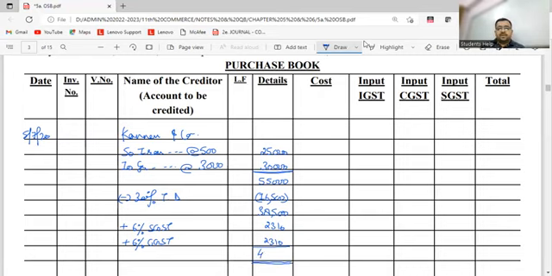The total is 43,120. In the cost column, you'll be putting 38,500. CGST, SGST, children: 2,310 and 2,310. And total is 43,120. Heard well, children?